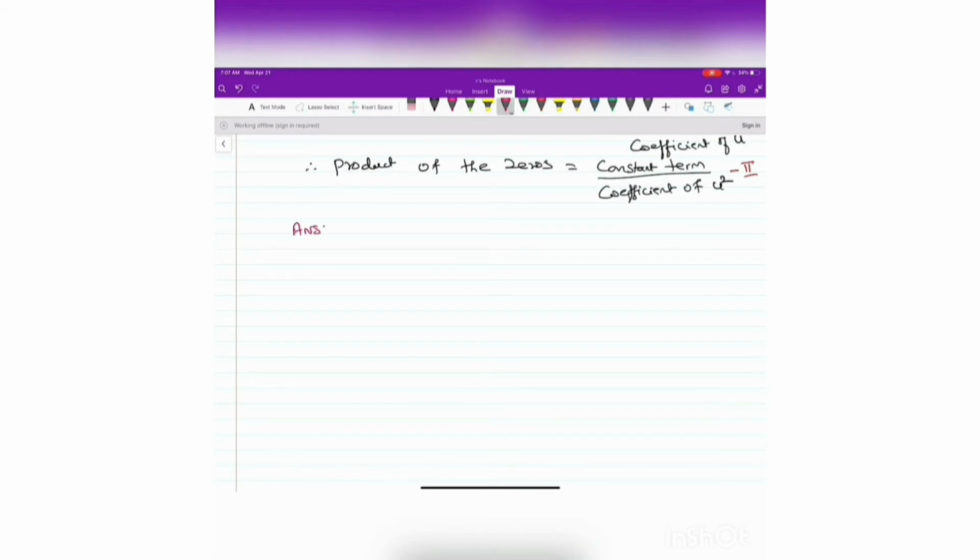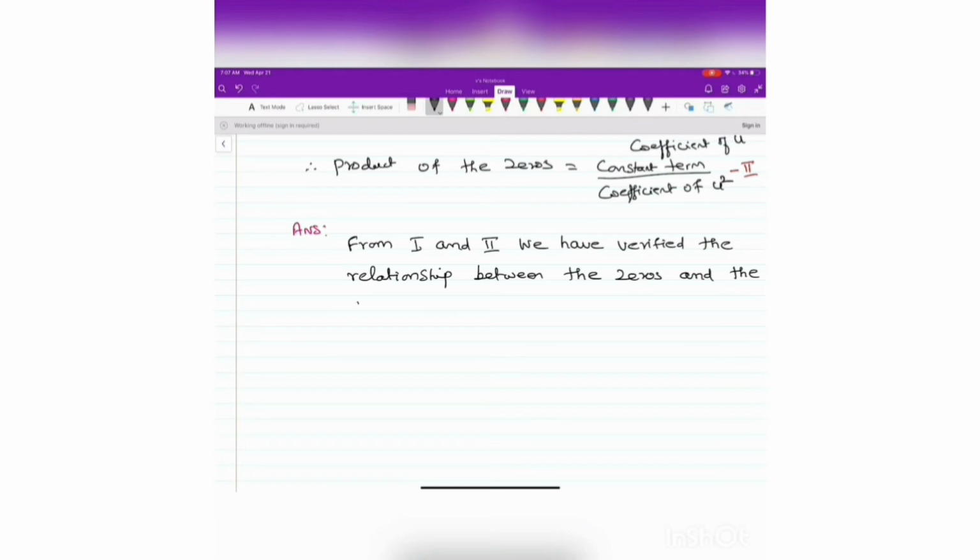Answer: from 1 and 2, we have verified the relationship between the zeros and the coefficients of the given polynomial 4u square plus 8u.